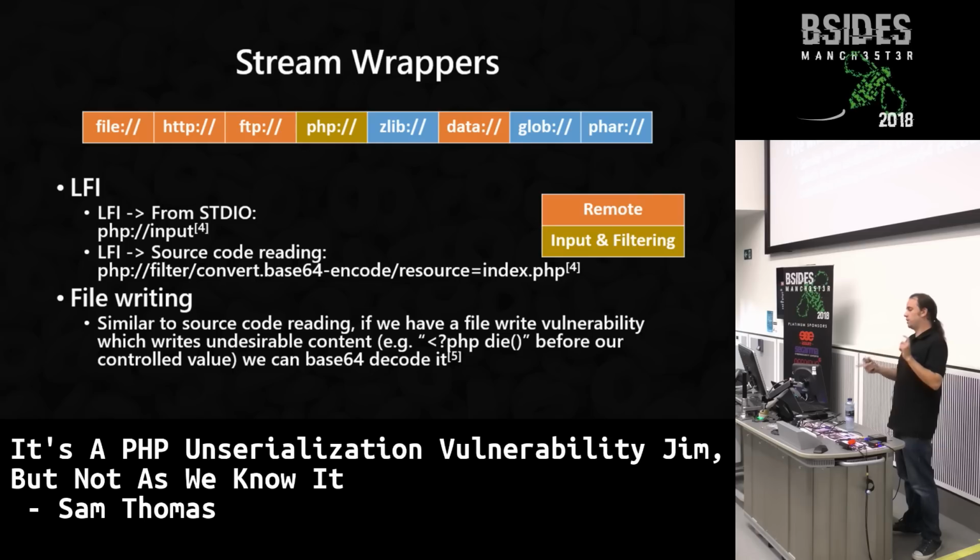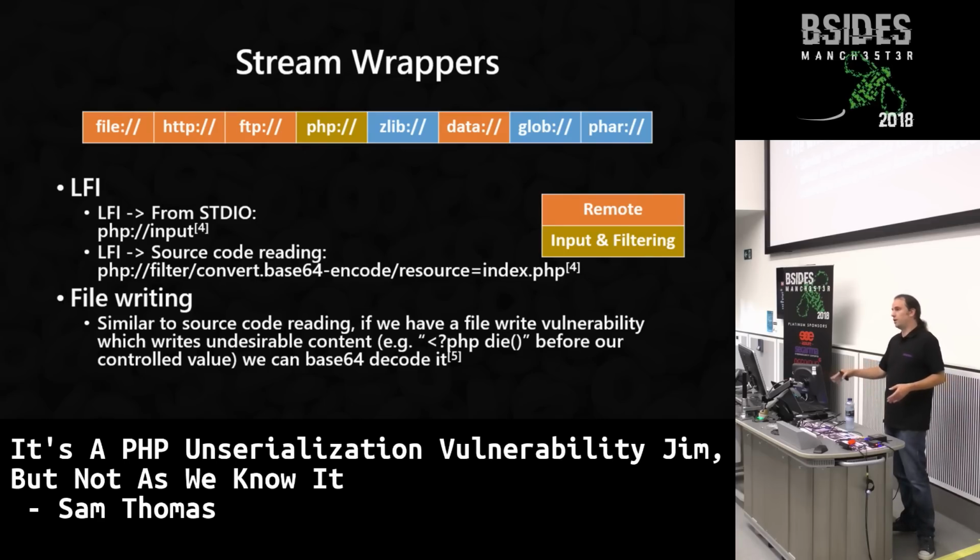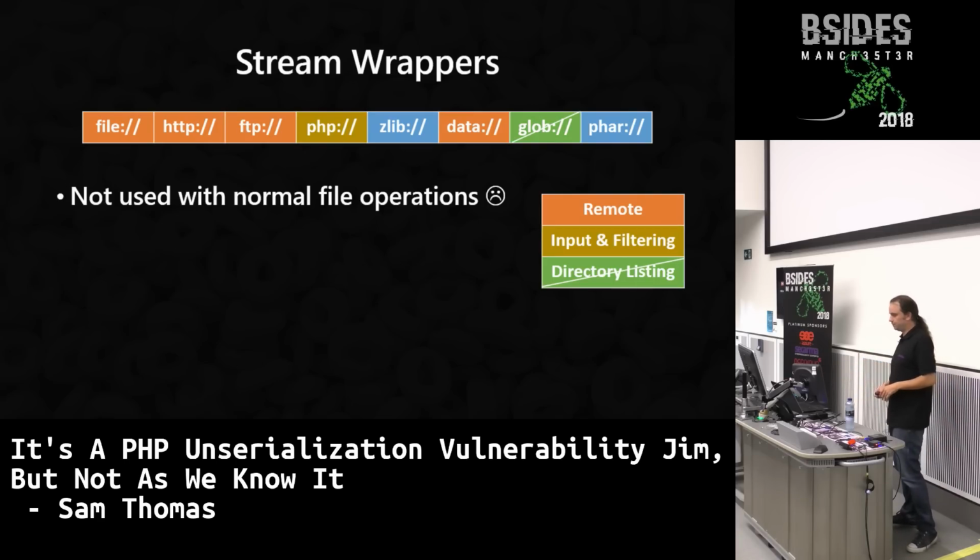He was able to put together a chain which would write arbitrary data to a file, but there was a prefix on the file which was a PHP die, which would stop any code after that from running. But what he managed to do was essentially base64 decode everything before it was written to the file, and that nullifies this header, and then he could prepare his other data to write anything to the file.